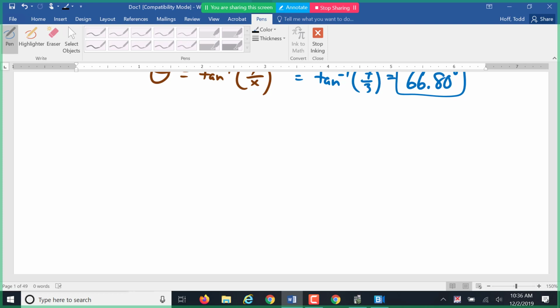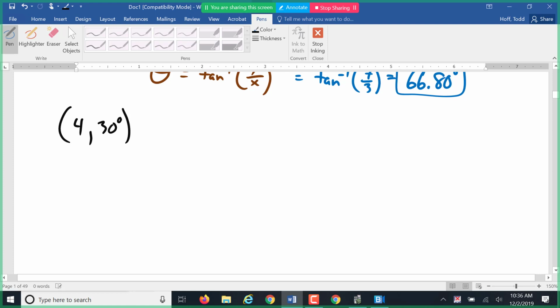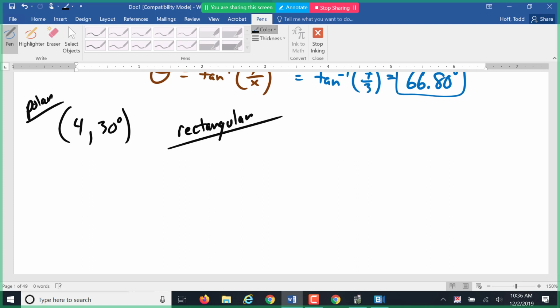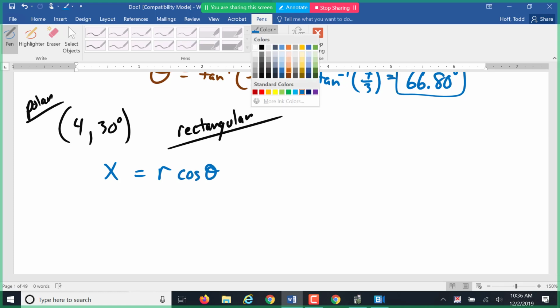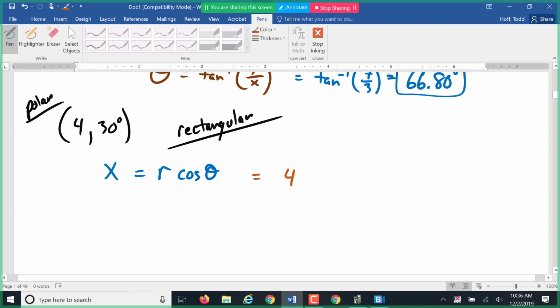So let's take the point r equals 4, theta equals 30 degrees in polar form, and let's convert it into rectangular form. To find x, it is going to be r times cosine of theta. So here that's going to be 4 times the cosine of 30, which is the square root of 3 over 2.